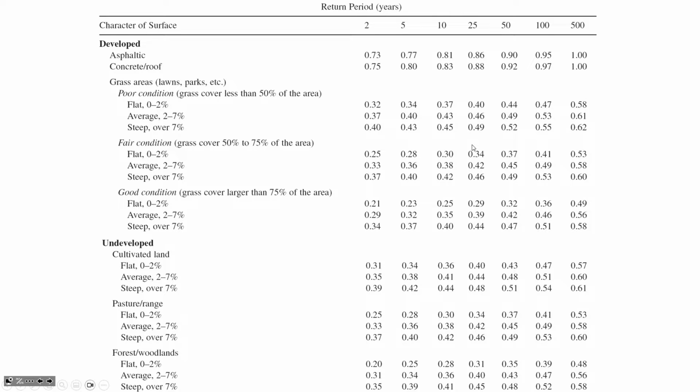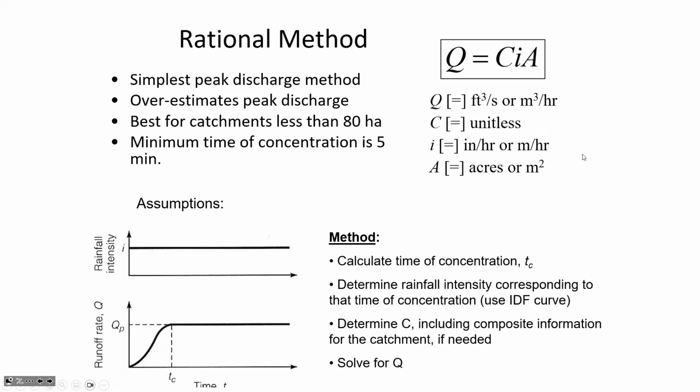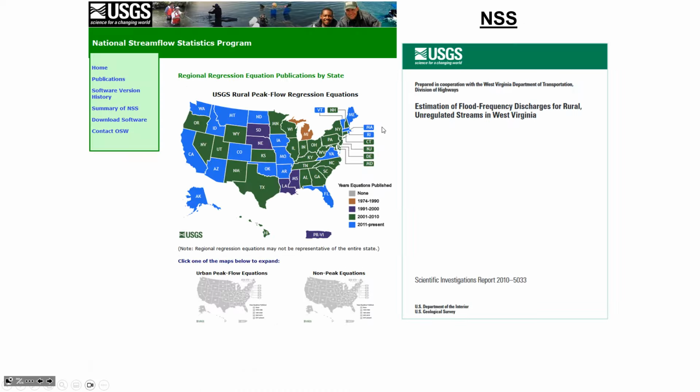And even without the subjectivity of the C values, the rational method tends to overestimate the amount of runoff that'll actually occur. So we have to keep in mind that, properly applied, the rational method is conservative, but it also has limits because we can only apply it to catchments that are less than 80 hectares in size. And a lot of the watersheds we're interested in are much, much larger than that.